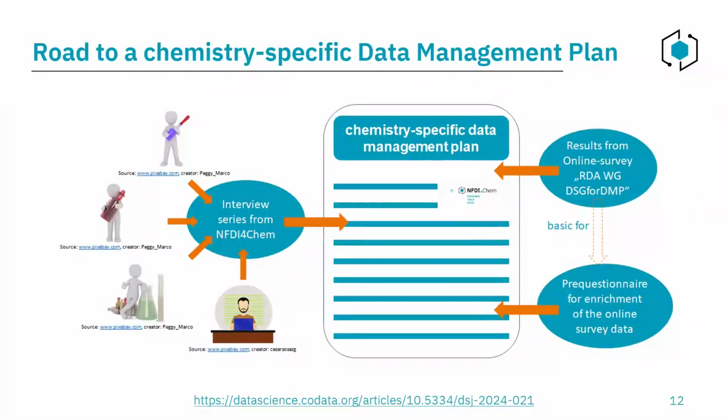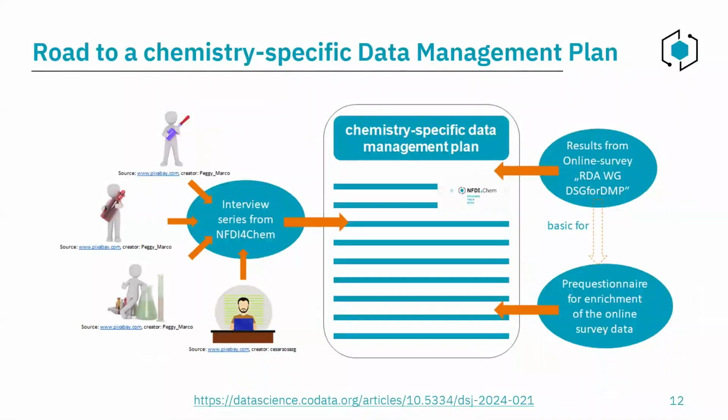The next slide shows again what type of content went into our chemistry-specific data management plan. On the right side, you see we took the results from an online survey. This online survey is coming from the Research Data Alliance. They have a working group which is called DSG for DMP, which means discipline-specific guidance for data management plans.